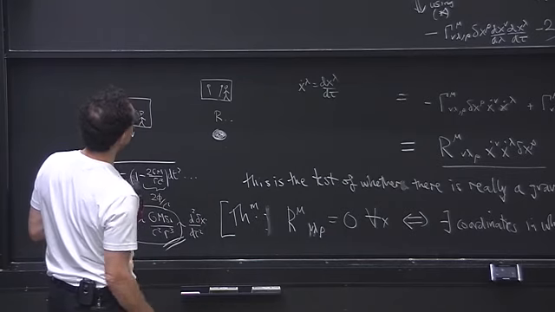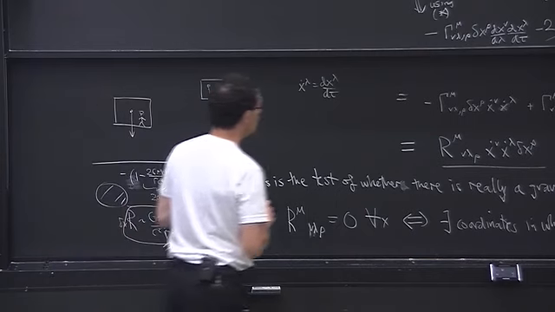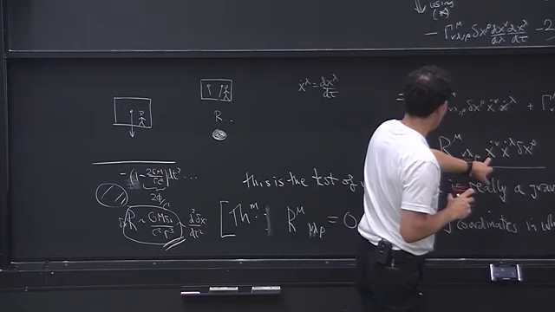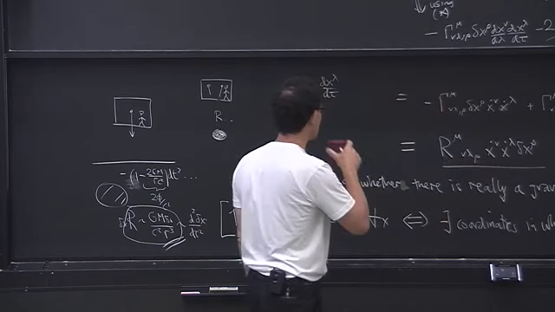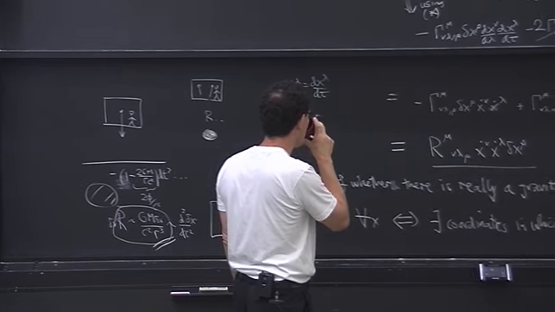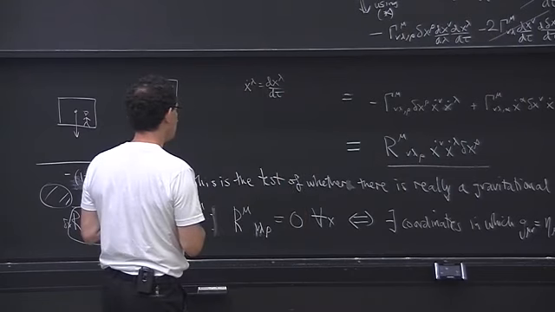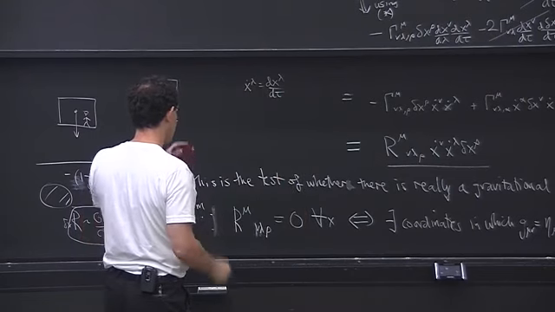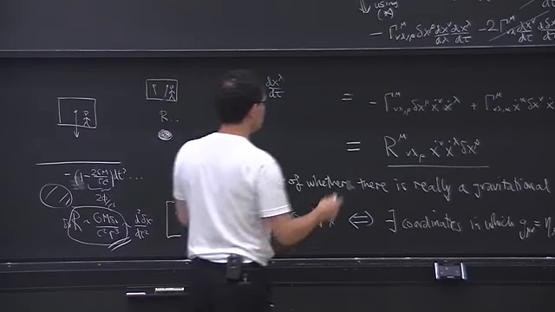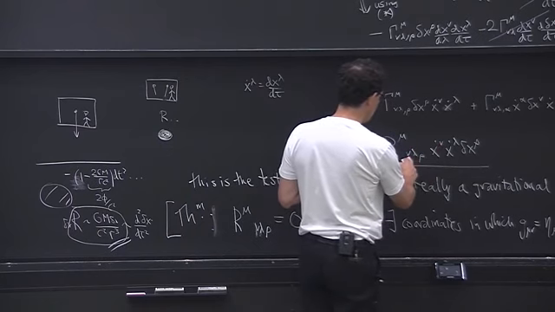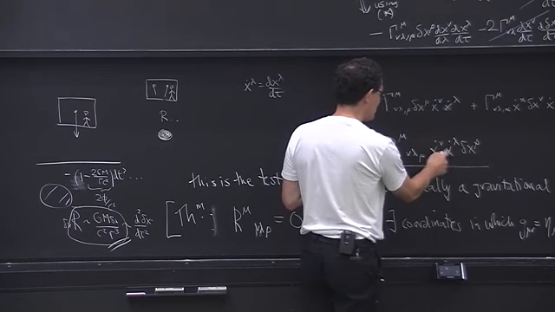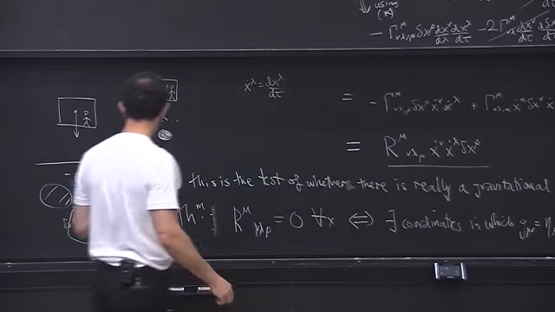I think I've lost, let me just see. No, that's okay. I'm worried about my c's, but the dimensions are the same. Yeah, so the dominant term is actually going to be the R00 here, because the velocity in time, the full velocity in time, is the biggest component.